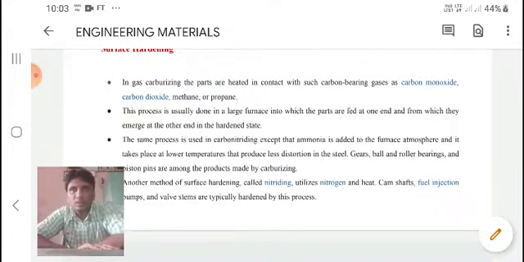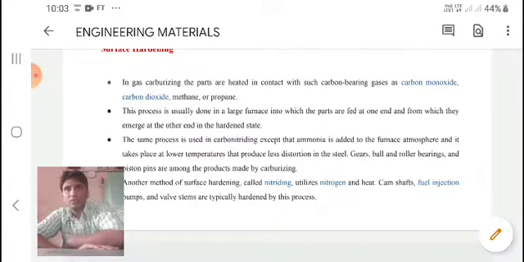In this, the work pieces are preheated actually and then held for a period of time at an elevated temperature in the austenitic region of the specific alloy, typically between 820 to 940 degrees centigrade.